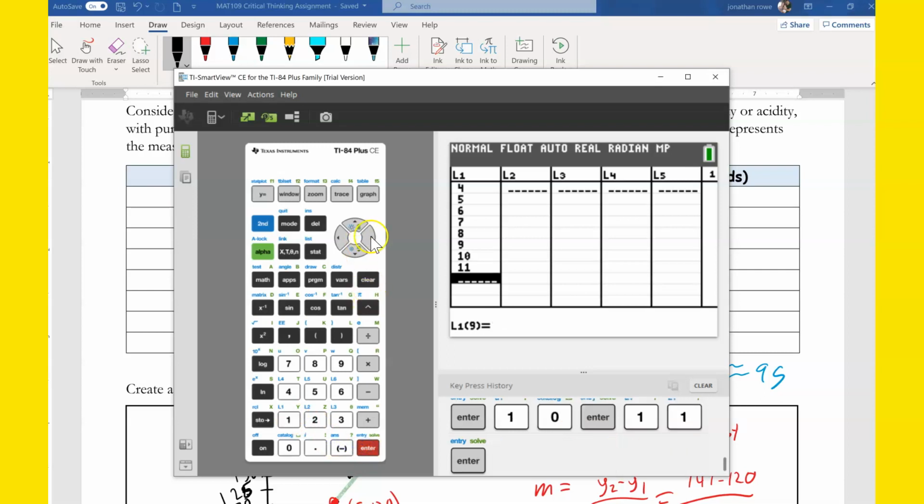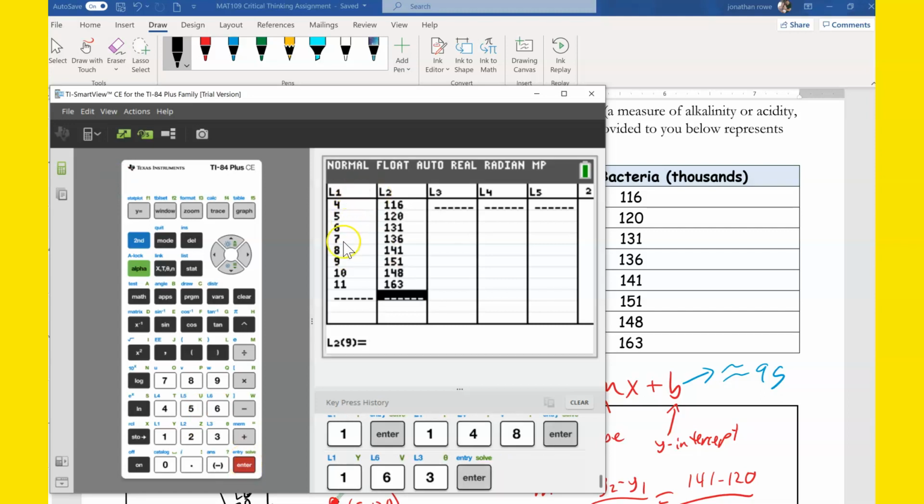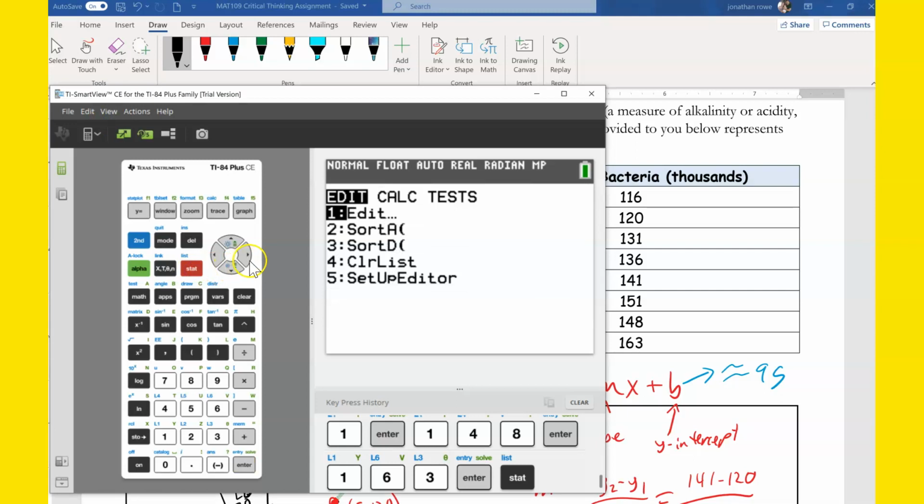And then in L2, I'm putting in all of these bacteria numbers. I'm going to pause it so you won't have to watch me. Now that I've typed in everything for L1 and L2, I click Stat again.